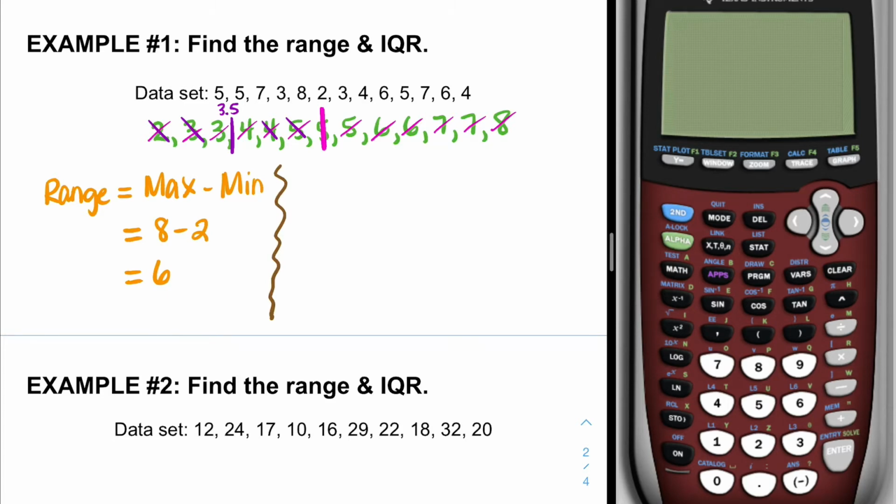So 3.5 is my Q1, my lower quartile. If I look to the right of that median, I'm going to cross out, and I see that my median is going to fall directly in between here. And in between 6 and 7 is 6.5. Okay, 6.5 is in between there.